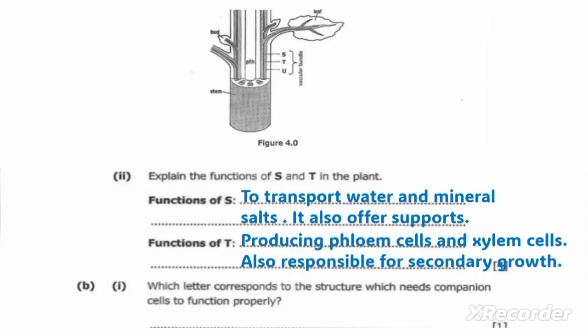Okay, cambium is also responsible for secondary growth. Secondary growth involves an increase in the diameter of the body of the plant. Primary growth involves the increase in the height of the plant.